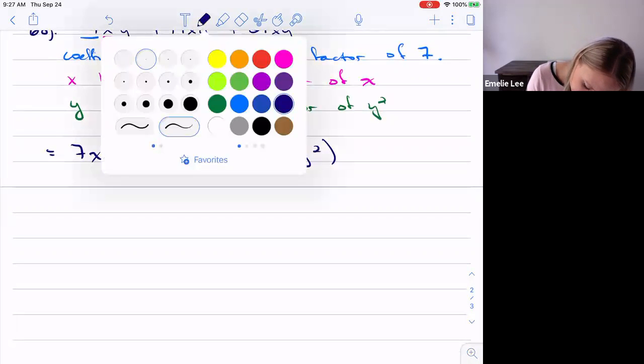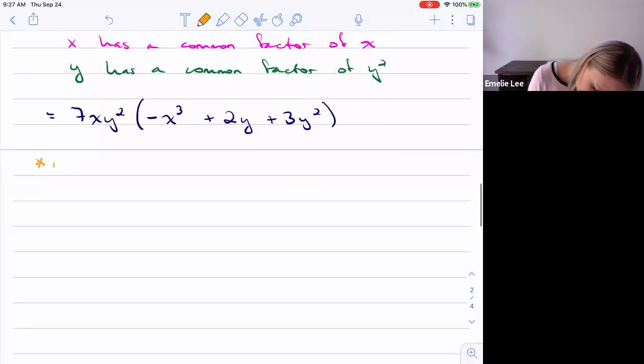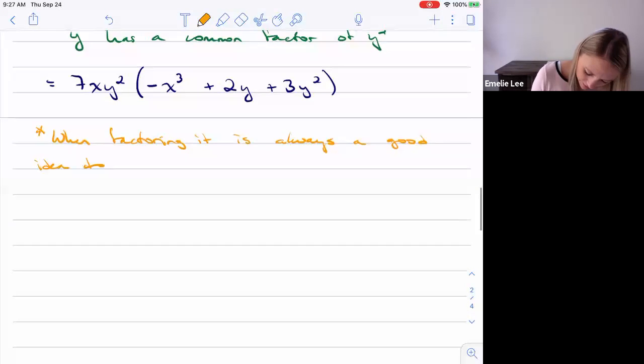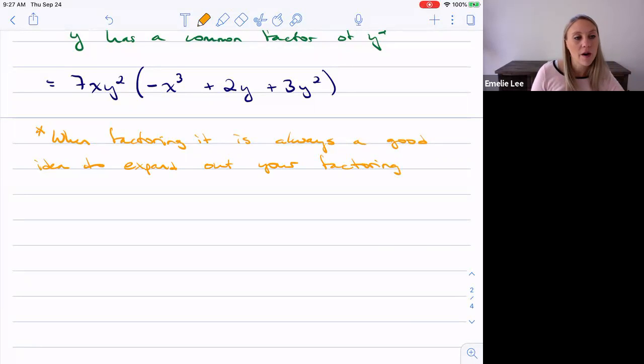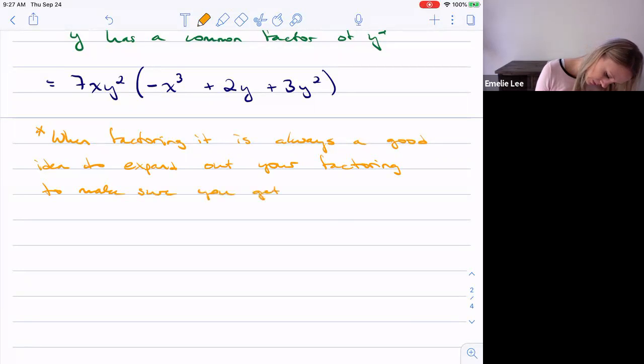So I will say as a note here, when factoring, it is always a good idea to expand out your factoring to make sure you get back to where you started.